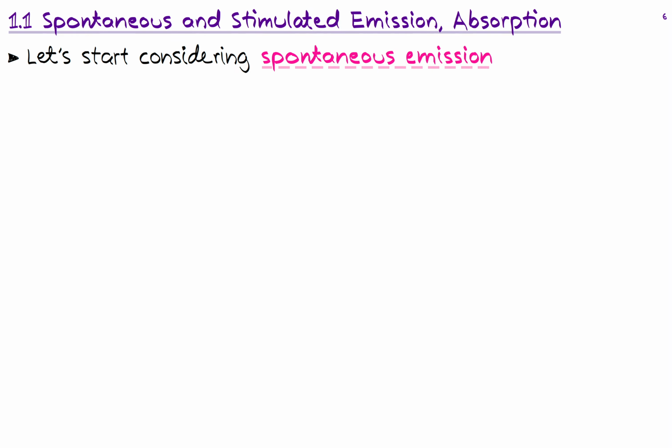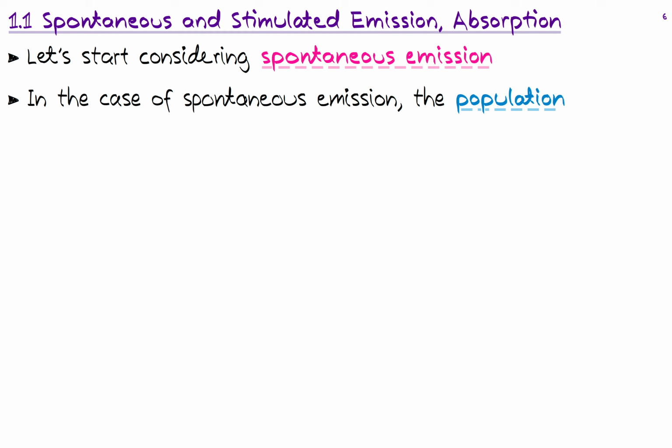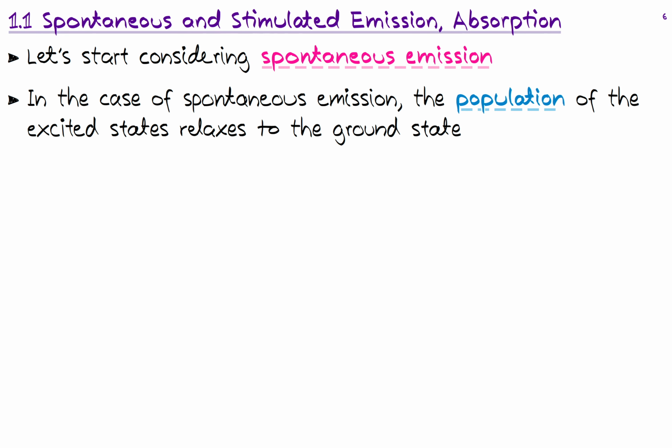Now, let's start by looking into these processes in more detail. So we consider first the spontaneous emission process. We are interested in the electron states in the higher energy state, so the population of the excited states is of our interest. What happens in this process is that this population of excited states relaxes towards the ground state.